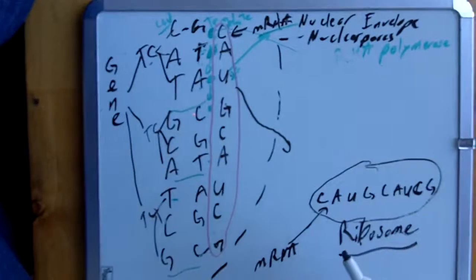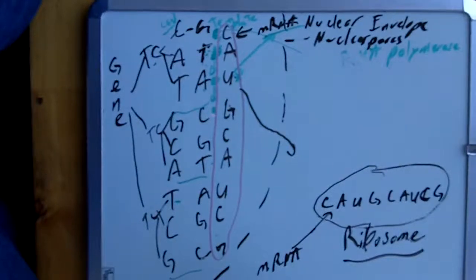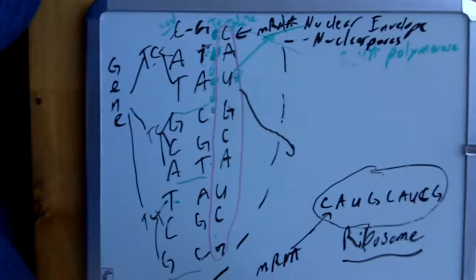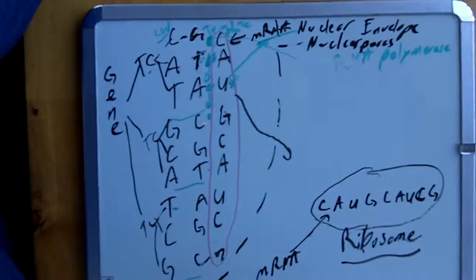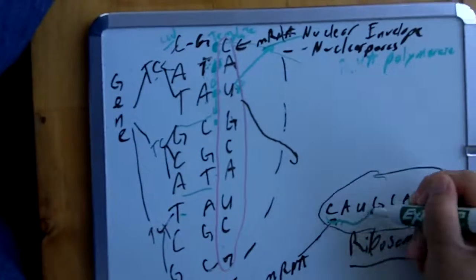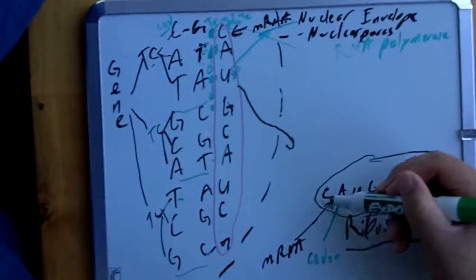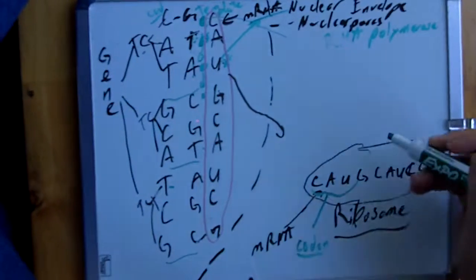Okay, so the way we look at ribosomes is, again, we read them in threes. In DNA, we read it in threes. In messenger RNA, we read it in threes. So the three we have right here is called a codon. So CAU is a codon.